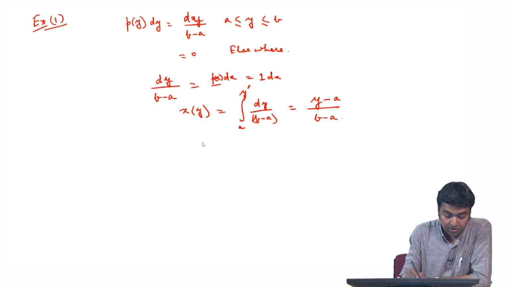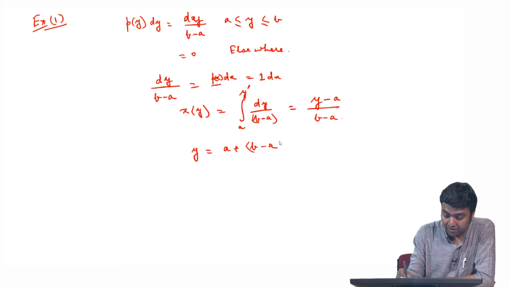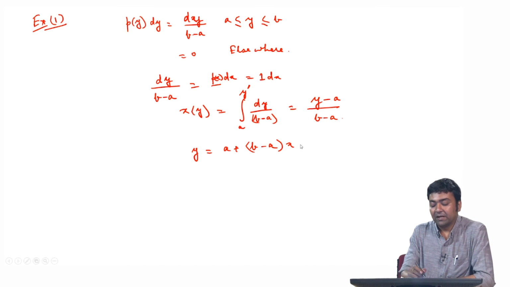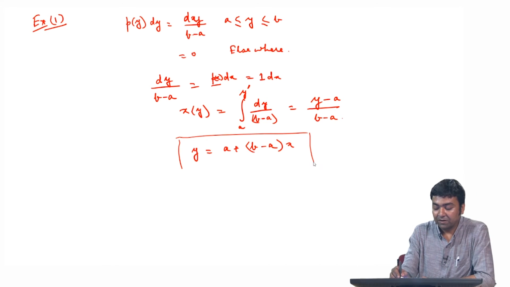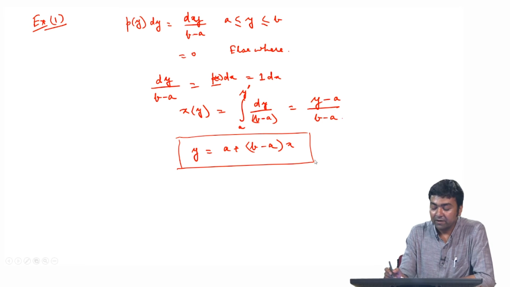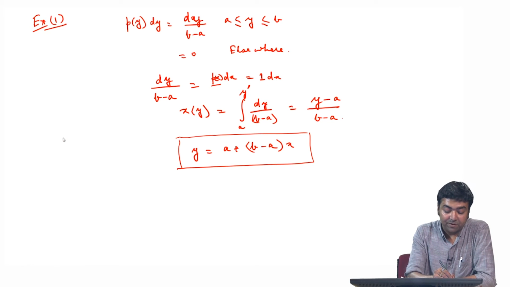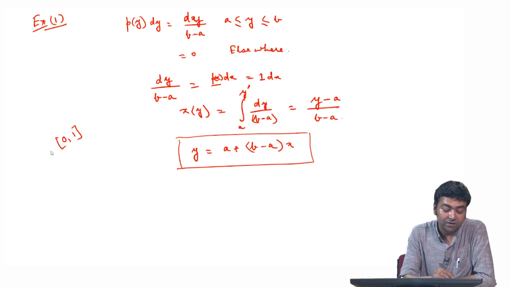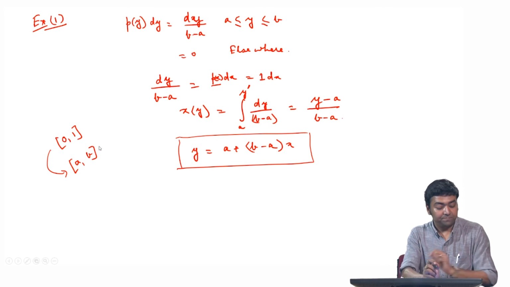If I do the algebra, I will get y equals a plus (b minus a) times x. So, basically what this change of variable does is that if I have a set of random numbers with uniform distribution between 0 and 1, it converts it to another set of random numbers, again with uniform distribution, but now between a and b.